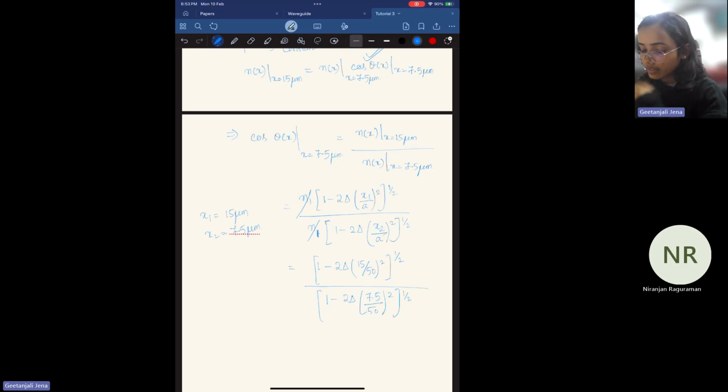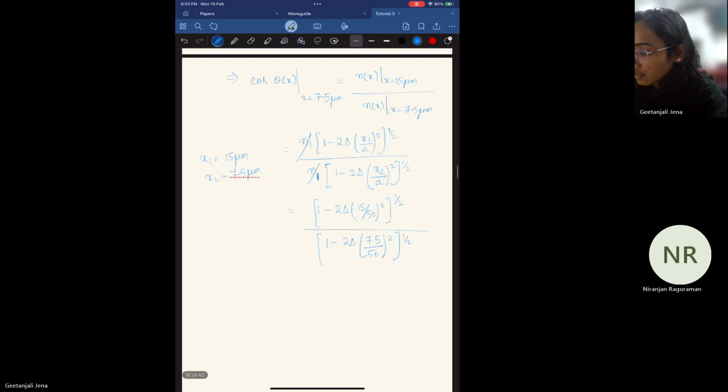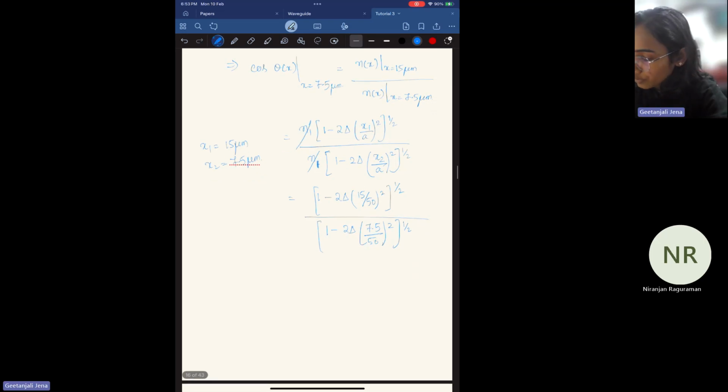So just calculate it. Delta is already given in the question, it is 0.01. So if you put 0.01 here and here, you will find this ratio is approximately 0.9991 over 0.9998.